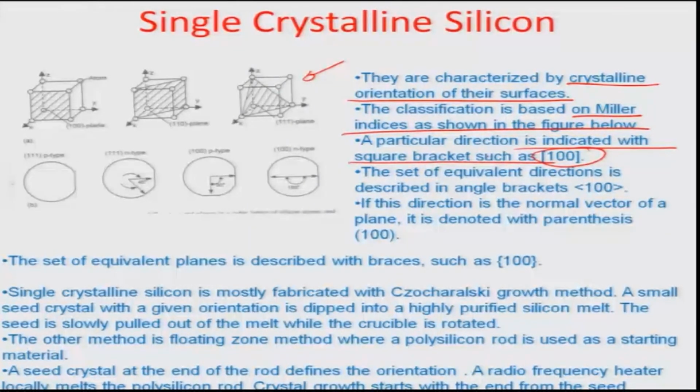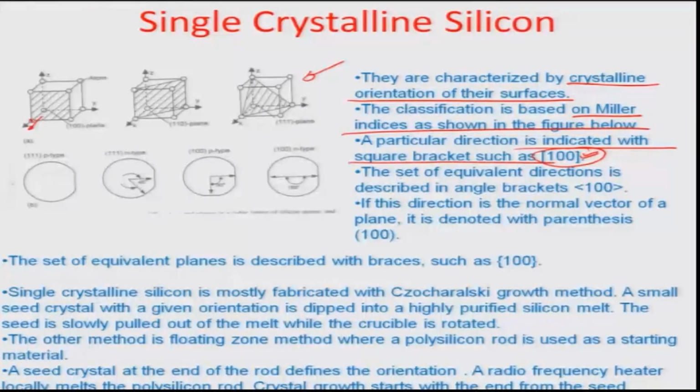For example, in this particular plane the 1 0 0 direction would be 1 along the x axis, 0 along the y axis, and 0 along the z axis. So this direction right here, the x direction, is called [1 0 0]. You have to represent that by a square bracket.